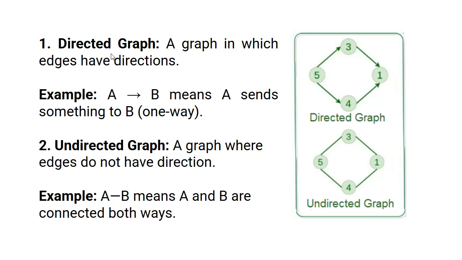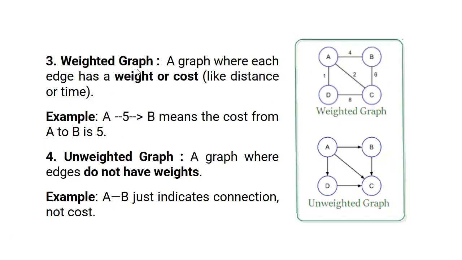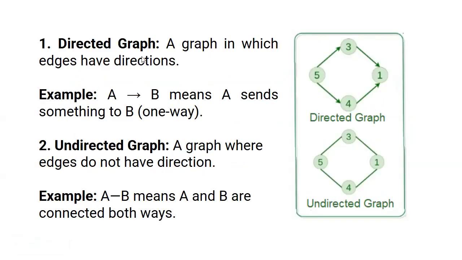The first one is directed graph, the second one is undirected graph, the third one is weighted graph, and the fourth one is unweighted graph. Okay, what is a directed graph? In this given example, the first one is known as a directed graph, where the edges have some directions.